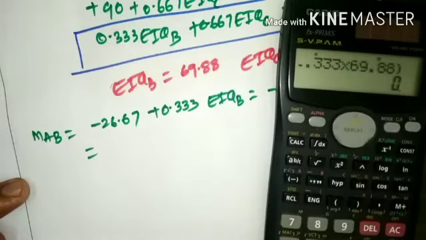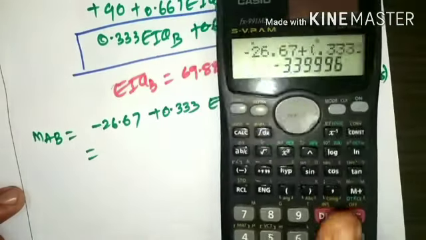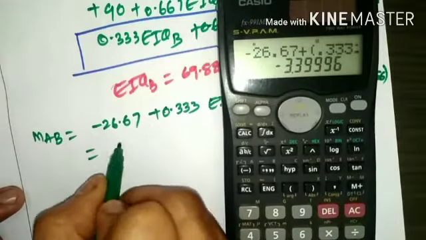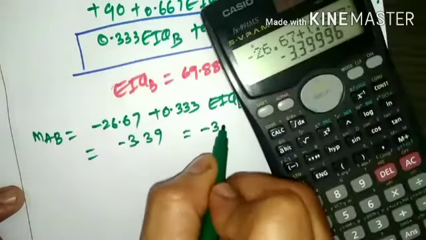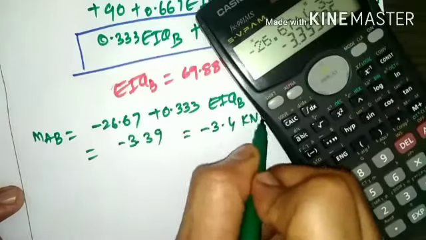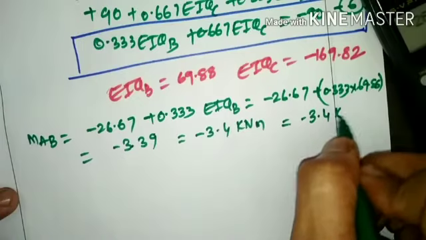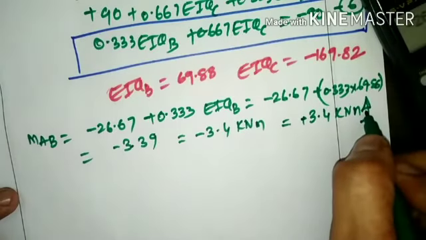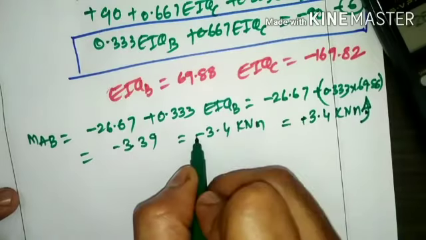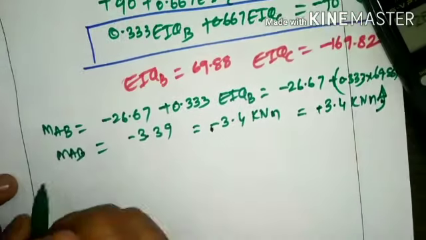As a result, we get the value of MAB as minus 3.39, or you can call it minus 3.4 kilonewton meter. Minus means the direction of rotation is anti-clockwise. Here you represent with respect to direction, and here it is representation with respect to sign. So this is the value of MAB.